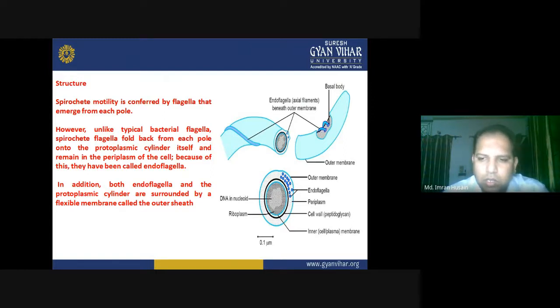You can see the cell wall made up of peptidoglycan and the inner or plasma membrane. So this is the basic structure of spirochete, and it moves in a different manner.